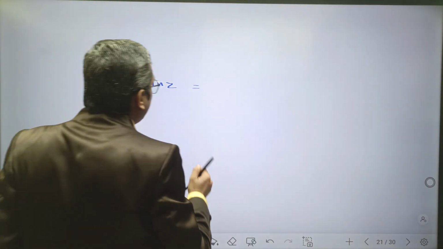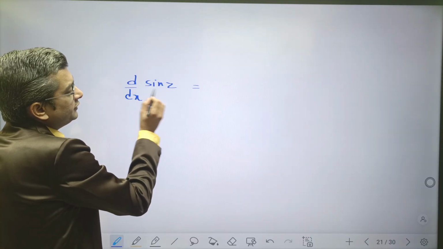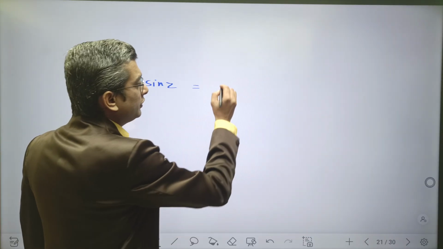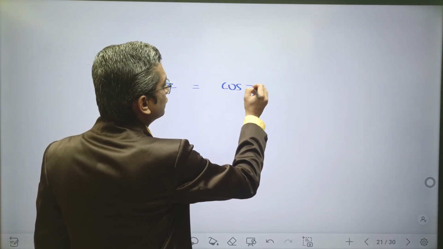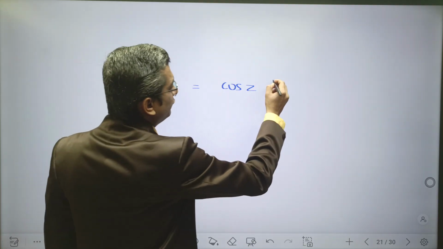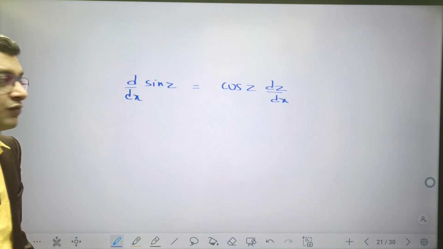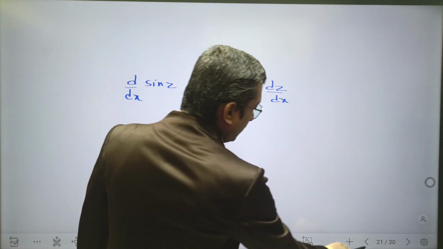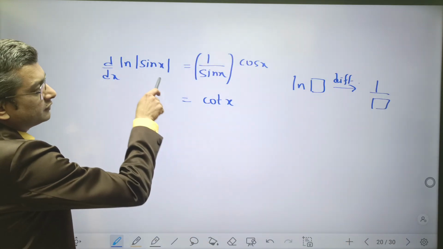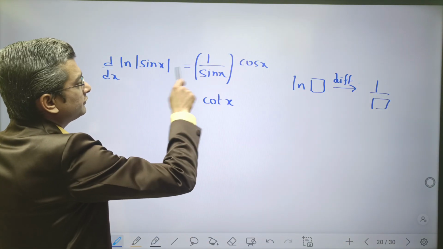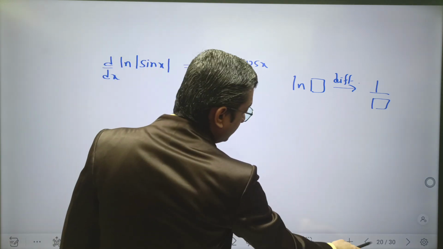So we differentiate the sine function. What is the differentiation of sine? That is cos of z, and after that we put dz by dx. Suppose here it was sine x. So we are differentiating d by dx of sine x, and we get cos x.